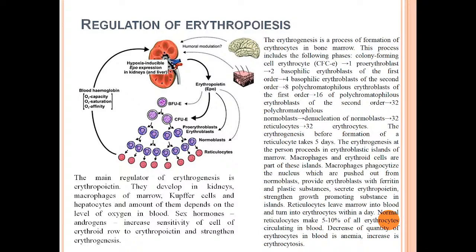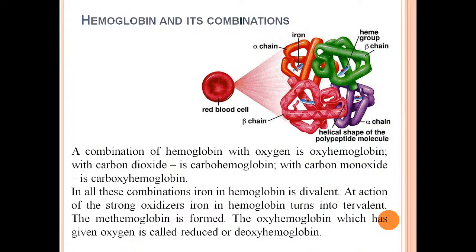Normal reticulocytes make from 5 to 10% of all erythrocytes circulating in blood. Decrease of quantity of erythrocytes in blood is anemia, increase is erythrocytosis. The main regulator of erythropoiesis is erythropoietin.